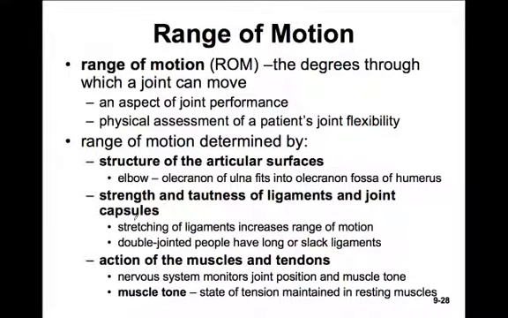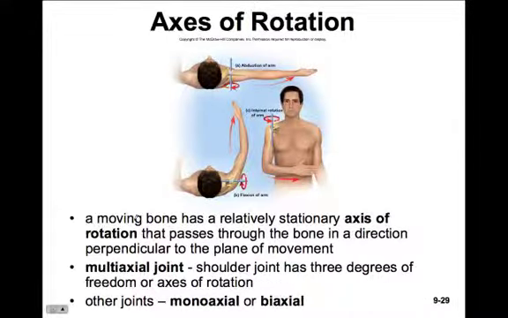When we think about geometry, we recognize three perpendicular axes, the X, Y, and Z axes. In anatomy, these correspond to transverse, frontal, and sagittal planes. So just as we can describe any point in space by its X, Y, Z coordinates, we can describe joint movements by reference to these three anatomical planes.